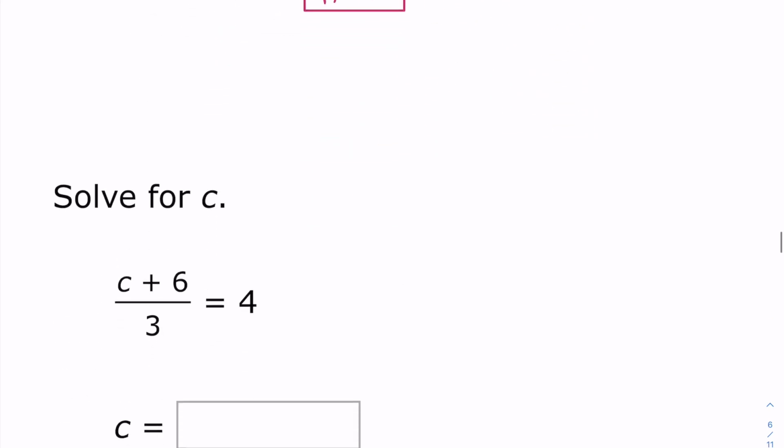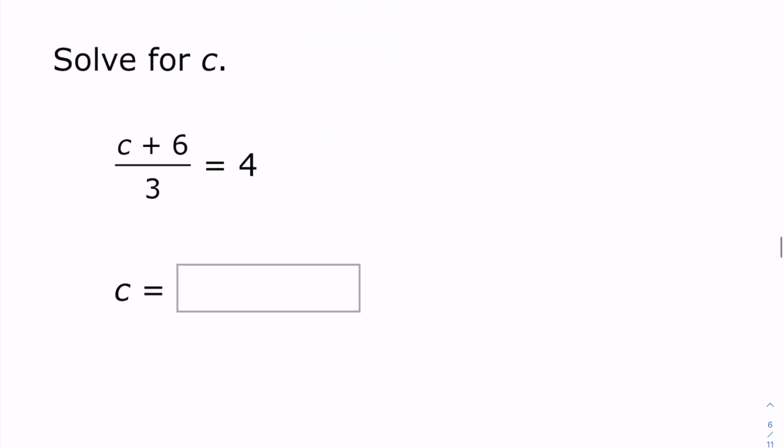All right, one more. So this one, notice how everything is being divided by 3. So an easy way to fix this, it would make more sense to just get rid of the 3 right away. So again, if there's division involved, use some multiplication. Don't be afraid. If I multiply both sides by 3, this goes away.